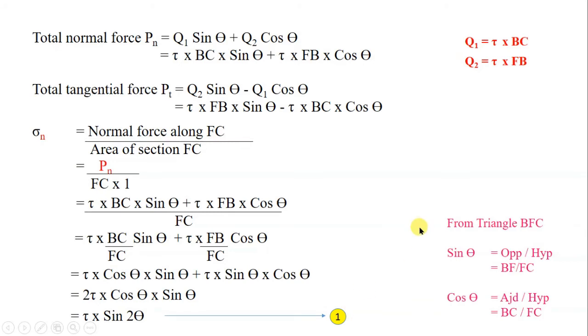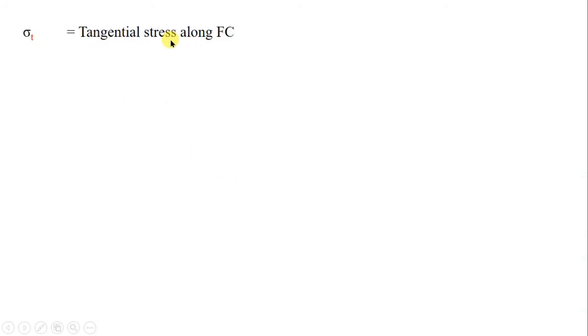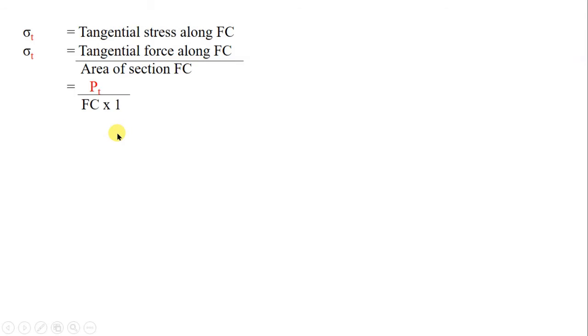Similarly, what happens to the tangential stress? Sigma t is your tangential stress along FC, that is equal to tangential force along FC divided by the area. So it becomes PT divided by FC into 1. We know the value of PT as tau into FB into sin theta minus tau into BC into cos theta. This is calculated in the previous step. The whole divided by FC.